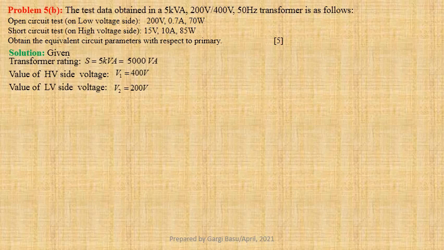Here we have used subscript 1 for high voltage side and subscript 2 for low voltage side. Let us now determine turns ratio. A equals N1 is to N2, that is approximately equal to V1 is to V2. Using values we get 400 is to 200, that is equal to 2 is to 1.